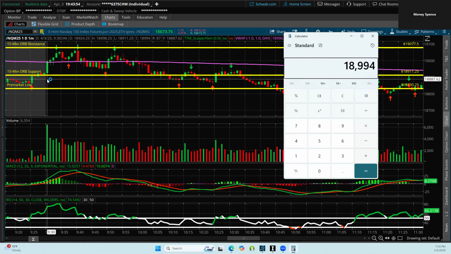This 1-minute candle right here, we had a high of 19,057. So we're going to subtract 18,994 from 19,057.